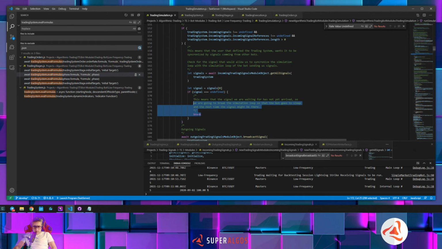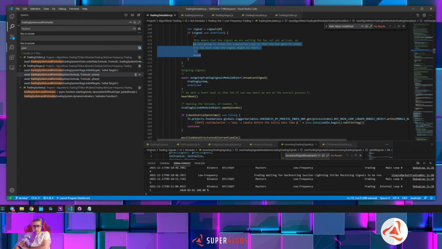Another technique would be to just wait for the signal in a kind of loop that stays here forever, and we get the signals, and until we don't get the signal, we just get stuck there. The problem is that there's no natural way for this to stop unless the signal arrives. Otherwise, the process will be staying there forever.